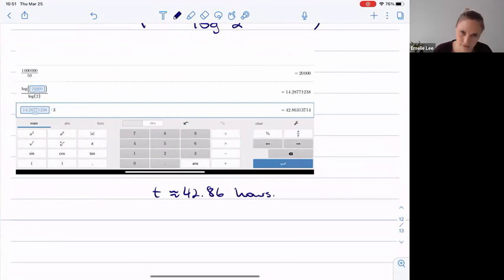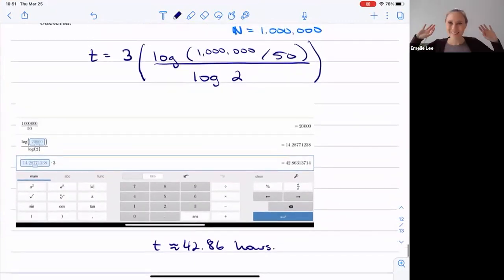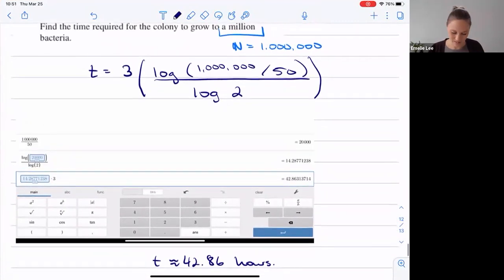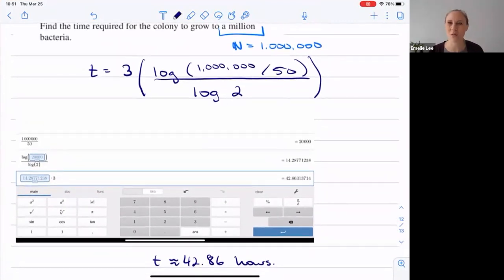So then the time that you would need is roughly, it's just an approximation, 42.86 hours. I know I went over time, my apologies, but that one is for a bonus question. 1 mark. So it was worth it.